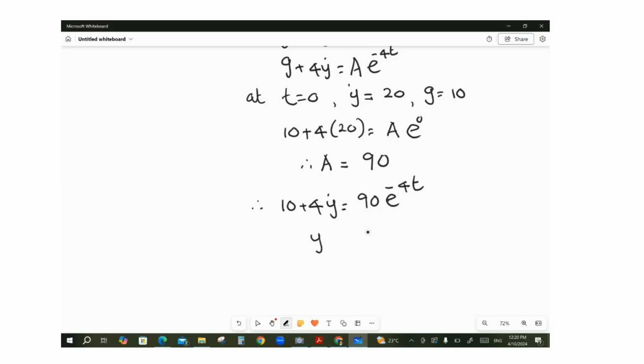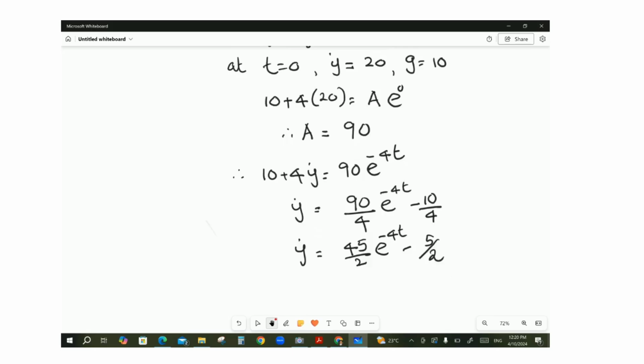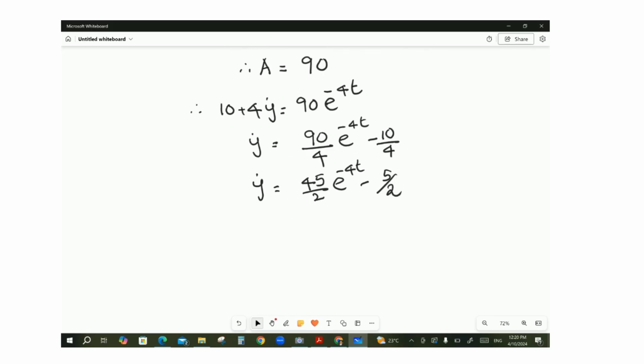Therefore if I simplify, y dot is equal to 90 divided by 4 e to the power minus 4t minus 10 over 4, which is equal to 45 divided by 2 e to the power minus 4t minus 5 over 2. Okay, this is the velocity at any time t.